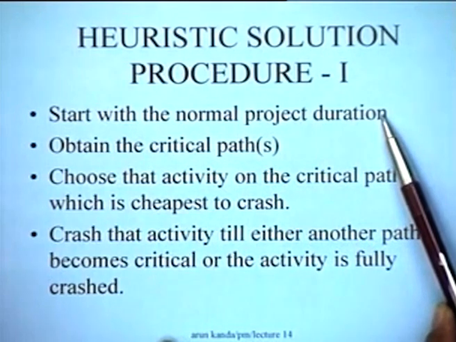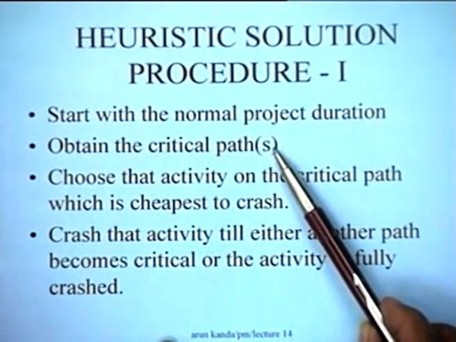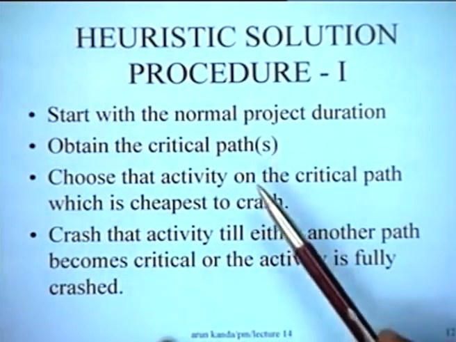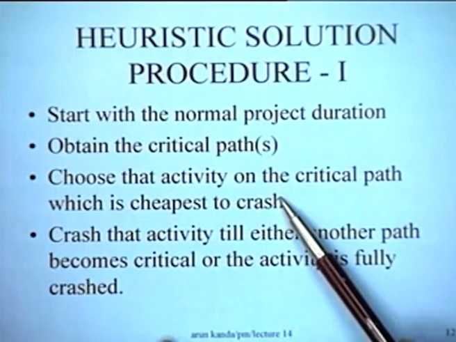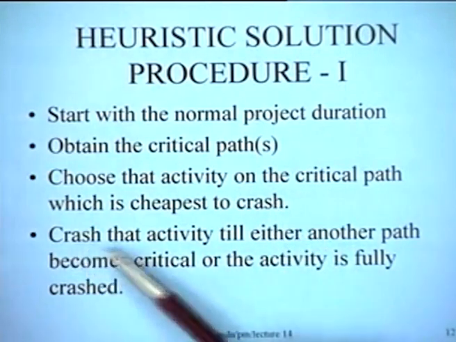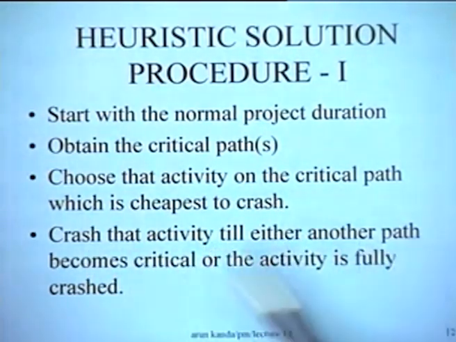We will today look at a heuristic solution procedure in which the broad aim is to start with a normal project duration, obtain the critical paths, choose the activity on the critical path which is cheapest to crash, and then crash that activity till either another path becomes critical or the activity is fully crashed.